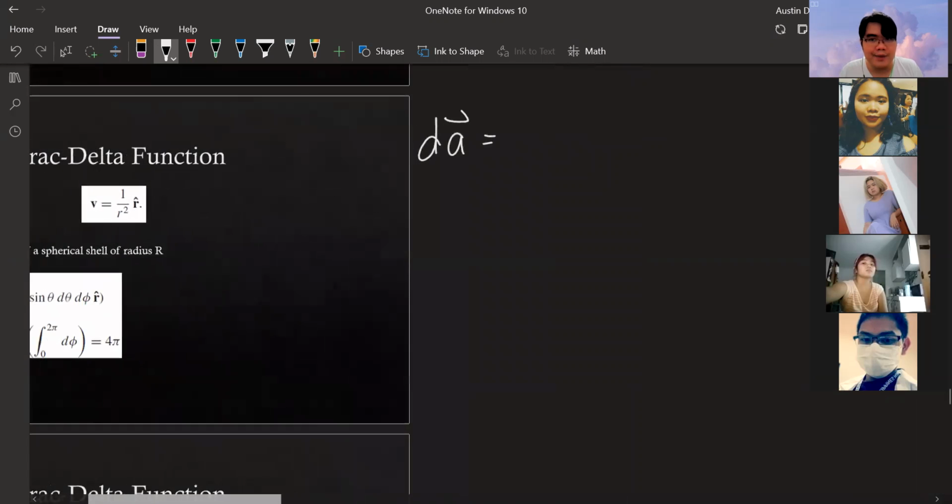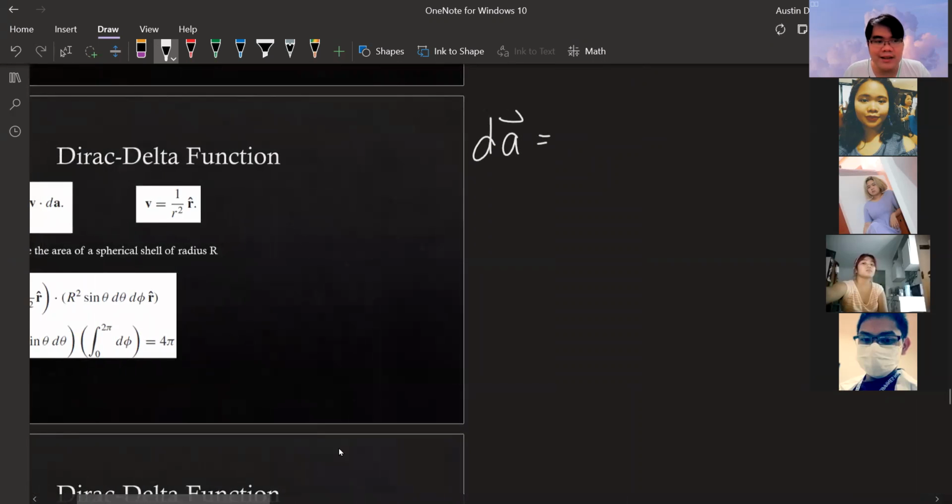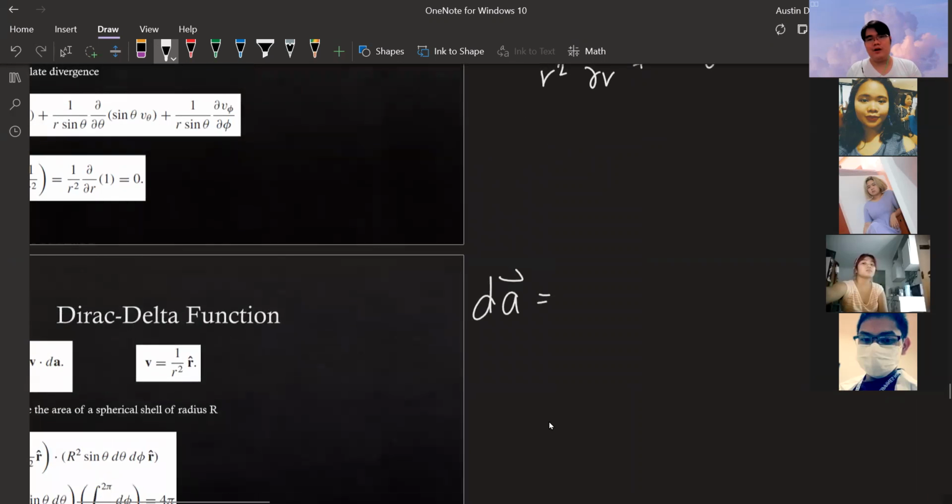And then, kapag may shell ka, hindi nagagalaw yung radius mo dahil constant na nga siya, and bubuuin na lang siya nung dalawa mong coordinates, which is just theta and the phi. Okay? Now, this makes up our area.